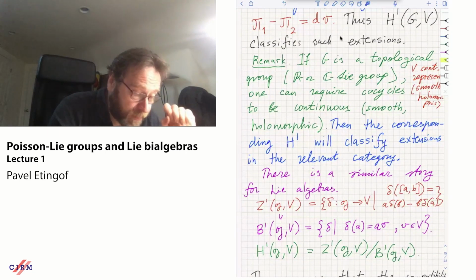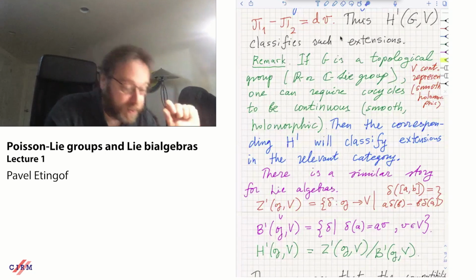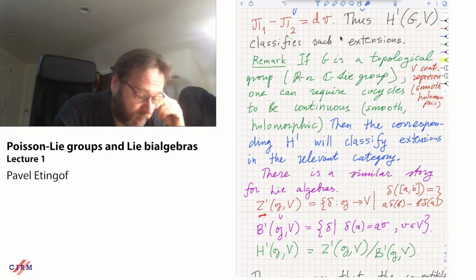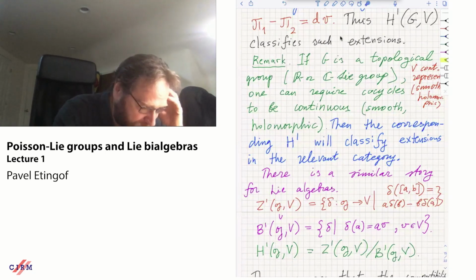And there is a similar story for Lie algebras, which is purely algebraic. So you define the cocycles. You can run the same story and you will find that the definition of a cocycle should be the following.